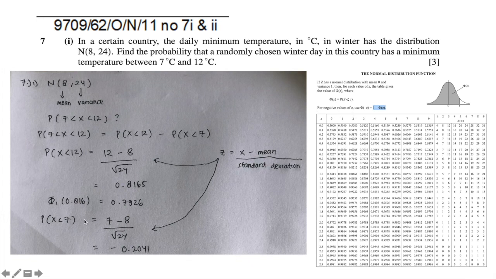Now we need to find the probability of temperature less than 7 degrees Celsius. We use the same method as before, and we get the z value equal to negative 0.0441. So the question is not done yet.